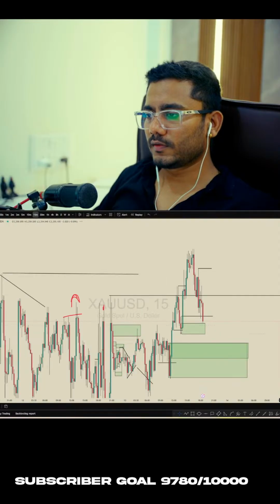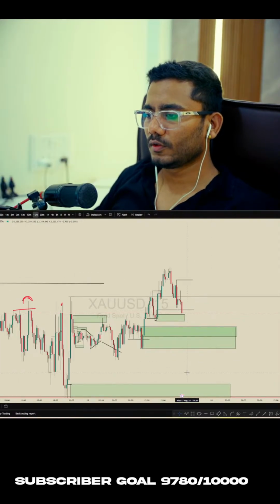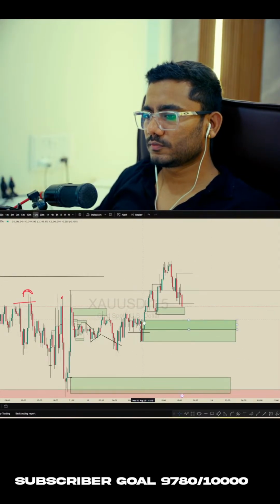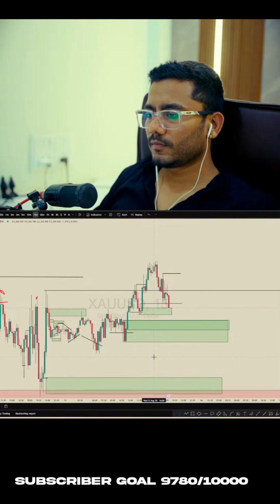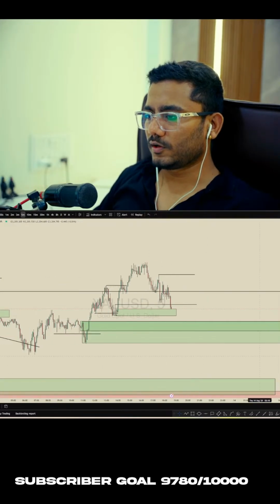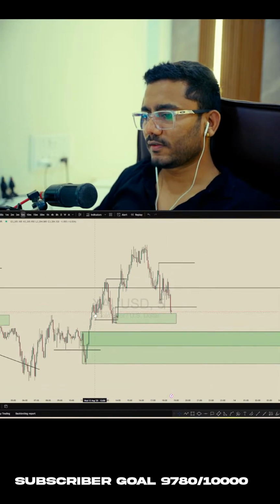Breaker at 50 minutes. Yeah, we have this order block. That's why I'm saying that keep 0.5% risk.